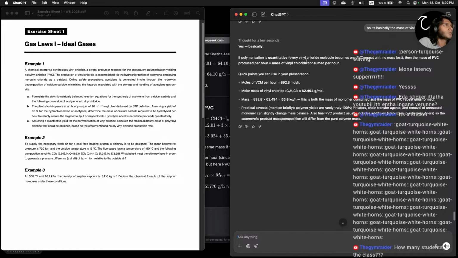Polymerization is a quantitative... No hydrogen or hydroxide lost during polymerization.